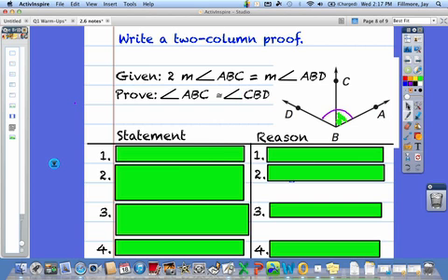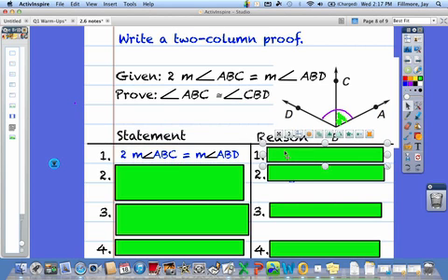So again, we start with our given information, because we know we're going to need it at some point, and the reason is given. Now our second statement, this is what might be kind of hard to see. So we know we need a statement with both ABC and CBD, so we're going to need something with both of those together.